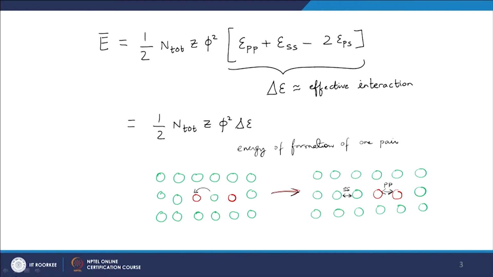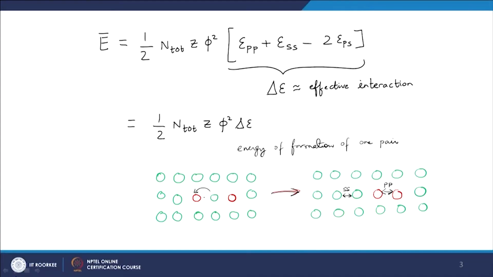You can see all the other pairs between solute and solvent remained unaffected except the ones I am looking at. And then you can also see that there were two pairs between solute and solvent which had to be sacrificed as a result of this process, because the solute molecules came together, they formed one contact.